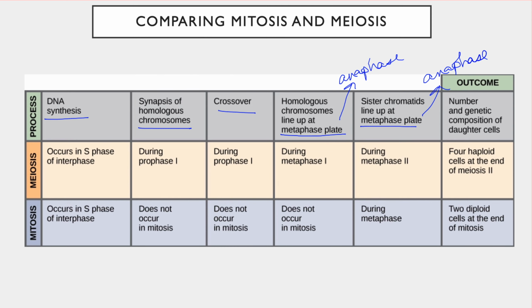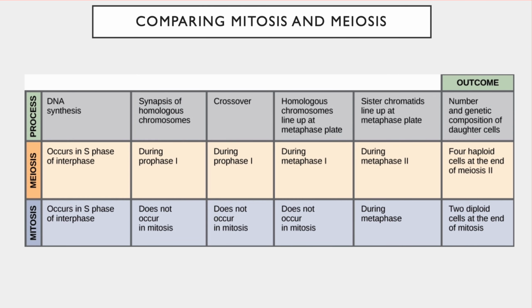So if we're talking about meiosis in this case, it'll be anaphase 1 versus anaphase 2. And again, the pairs of homologous chromosomes do not tetrad up in mitosis, so that won't occur. And then the overall outcome of 4 cells versus 2 cells that are identical or unique.